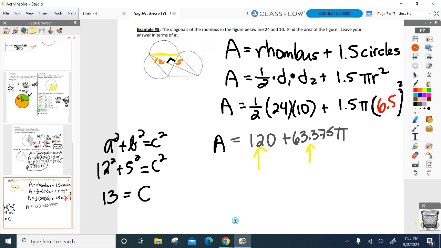So you can't add it to 120, because you'd be combining a number that really isn't here. This is a totally different number. So there it is, your answer in terms of pi. Unless the 120 had a pi, then yeah, we could combine them, but it doesn't.